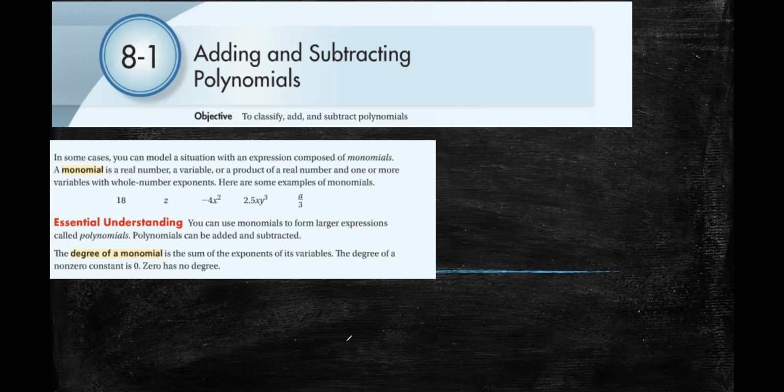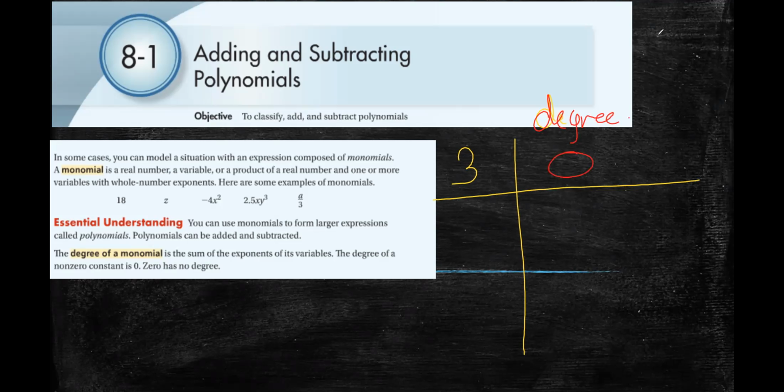Let's have an example. Let's have the number 3. What is the degree of the number 3? For a constant, the degree is 0.